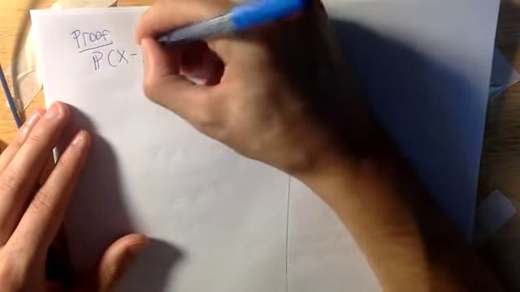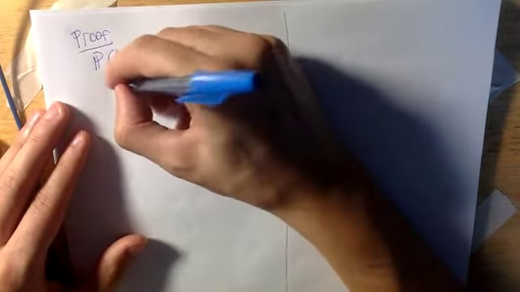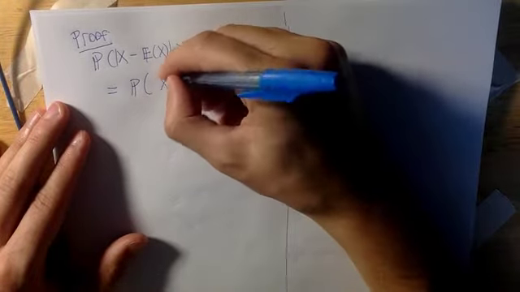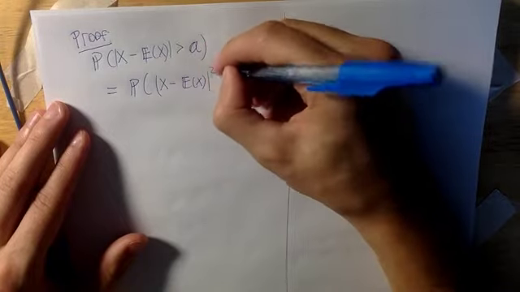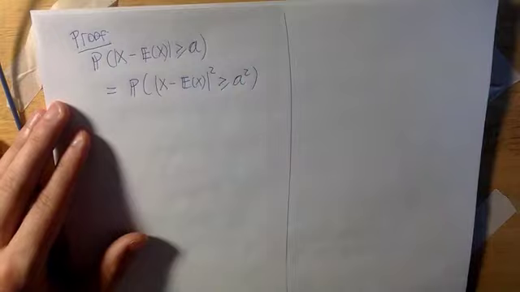Let's look at the proof of this. The probability that the absolute value of X minus EX is bigger than a is equal to the probability that X minus EX squared is bigger or equal than a squared.